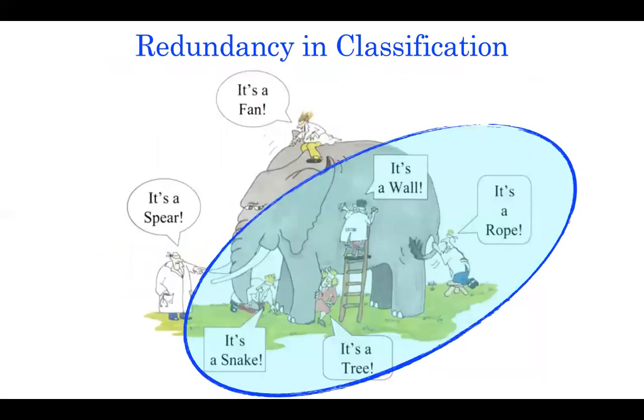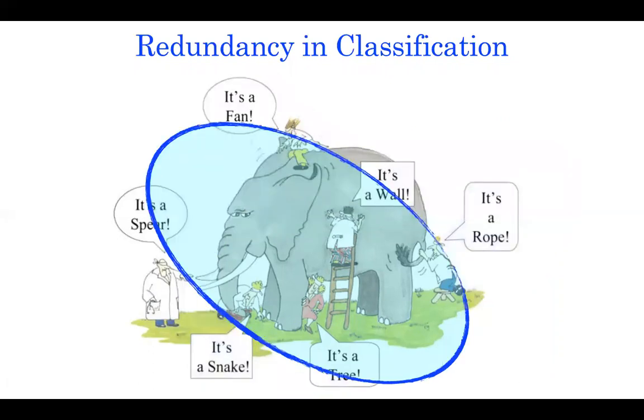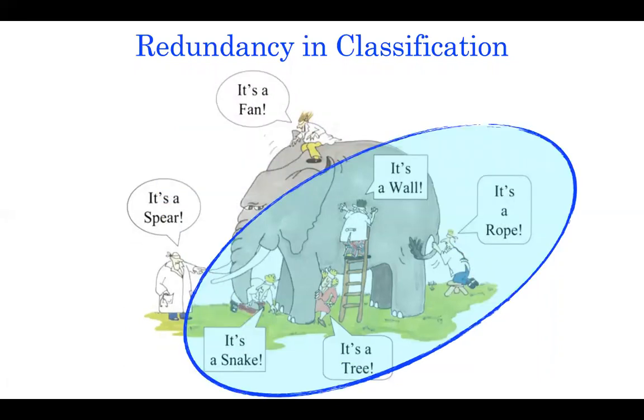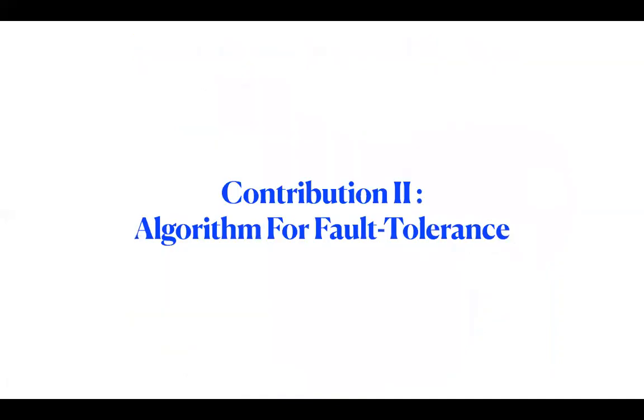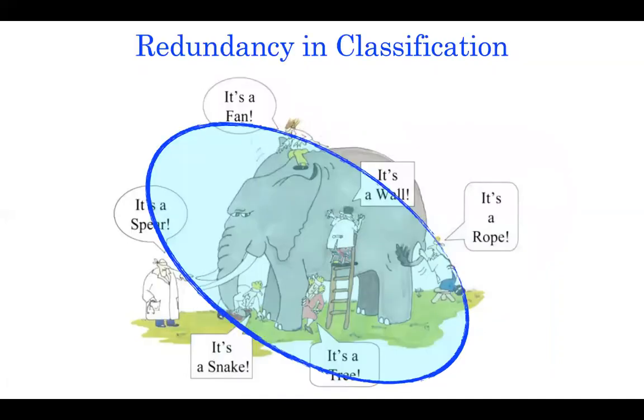In the case of distributed classification, for example, in this particular case of identifying an elephant, you do not need all the sensors to observe the object. You could observe the object from just a few of the sensor observations, as shown here. Either you can just have these four or these four, and you can still identify that it's an elephant. So it does hold in practical systems.